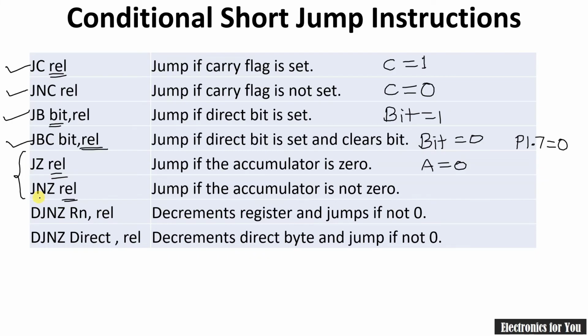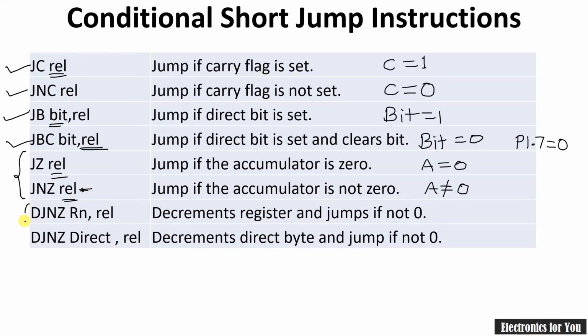The next one is JNZ, that is if the accumulator's content is not equal to 0, it may be any non-zero number, meaning 1 to FFH, any one. If the accumulator has any of these values, then the program will jump to the relative address indicated here, otherwise program execution will continue.